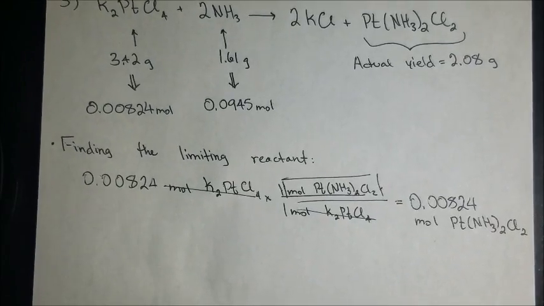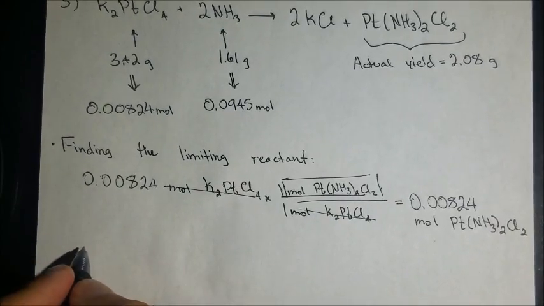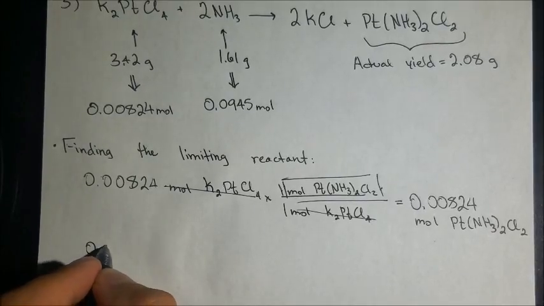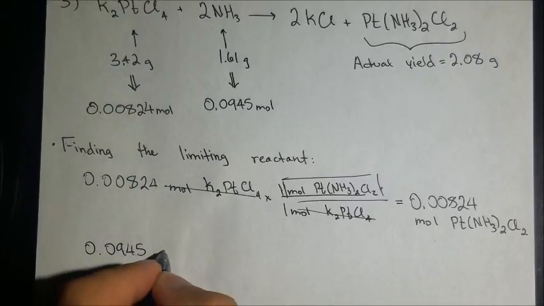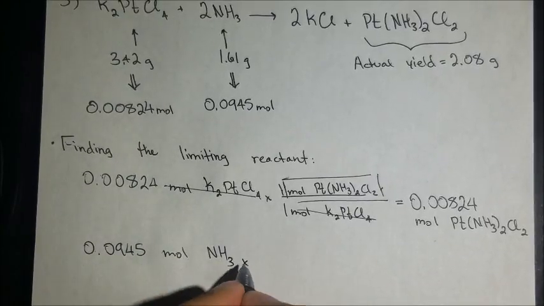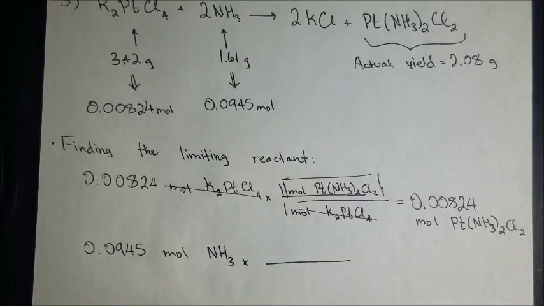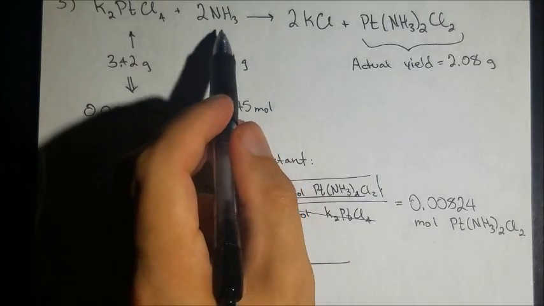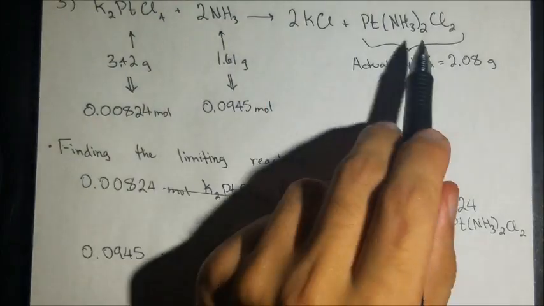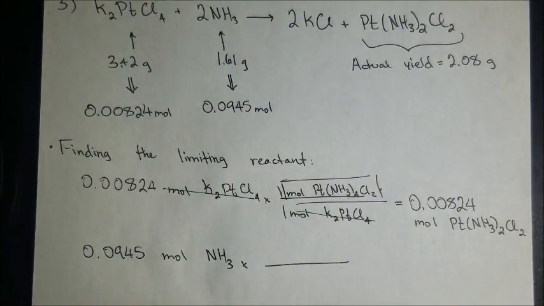Okay, let's jump over to ammonia and see what ammonia yields. So for ammonia, we have 0.0945 moles of it. All right, and again, from the balanced chemical equation, we see that we need to consume 2 moles of it. And so when we consume 2 moles of it, 1 mole of our product is made.